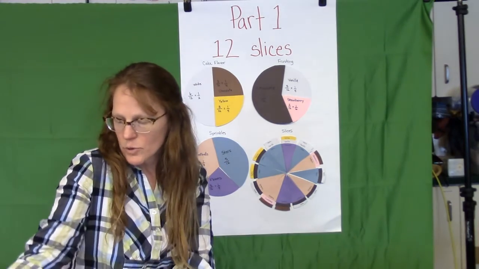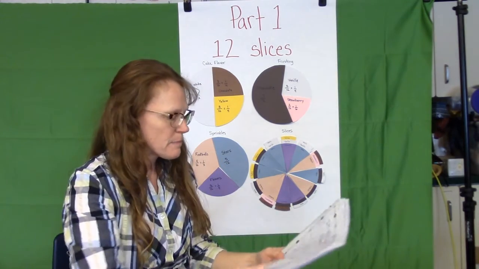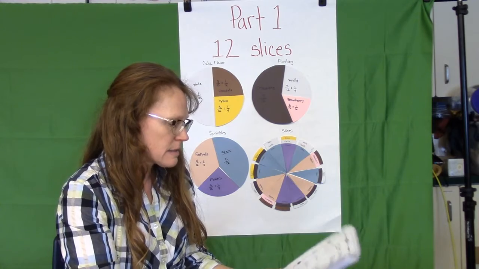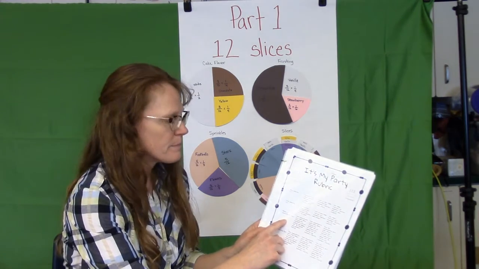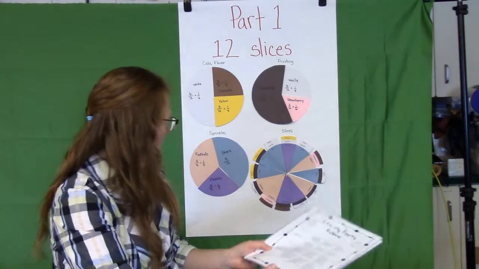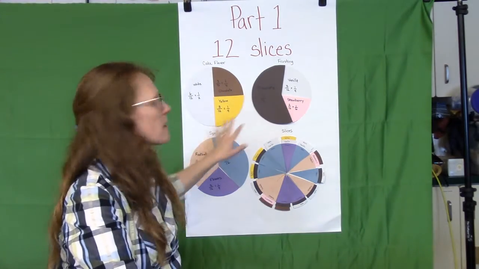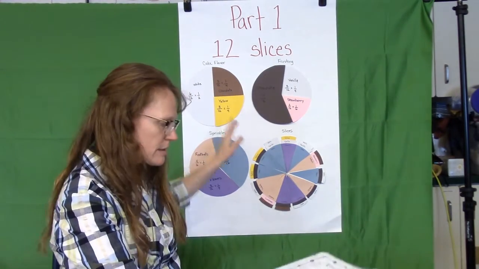So let's look at the rubric, because it says display of characteristics, part 1. The characteristics are cake flavor, frosting, and sprinkles. So you have 3 different characteristics.